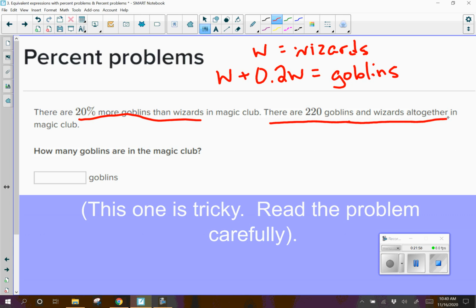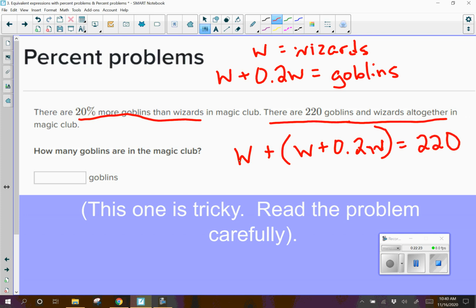So in order to determine how many goblins there are, we first have to add the two together. So we've got our wizards, which is W, plus our goblins, which is W plus 0.2W, which you can also think of as 1.2W. And that's going to equal 220 total.